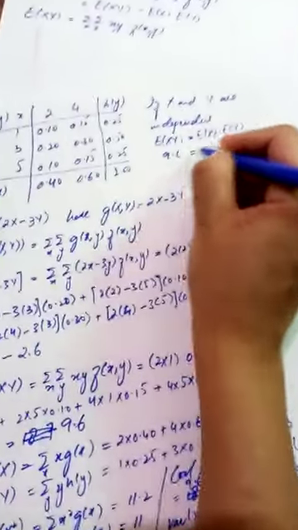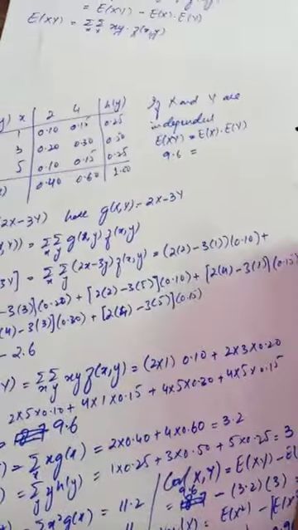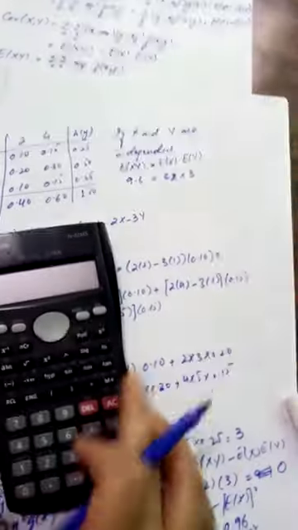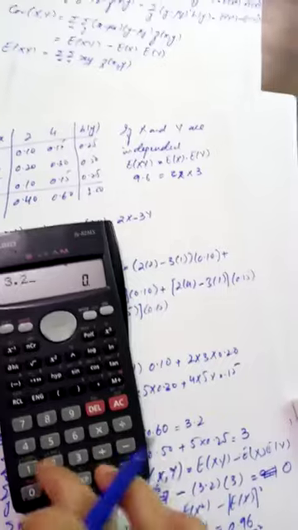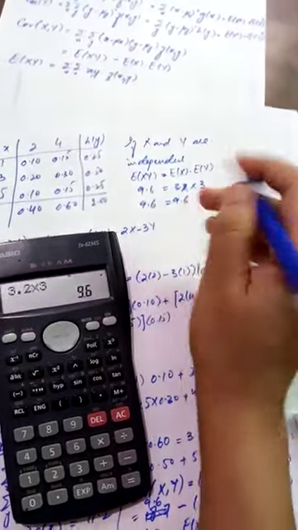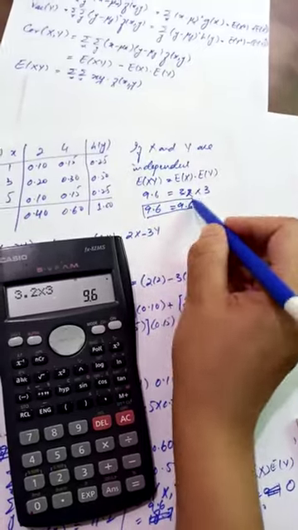We have expected value of xy is 9.6. Expected value of x is 3.2, and expected value of y is 3. If we multiply 3.2 and 3, we get 9.6. So this is another way to check statistical independence.